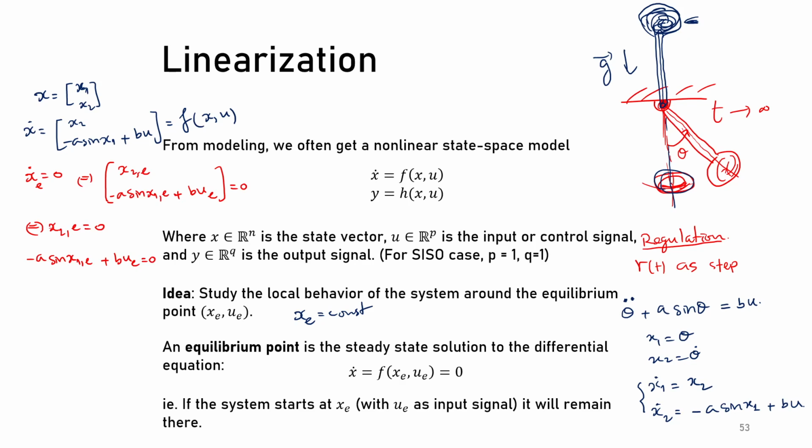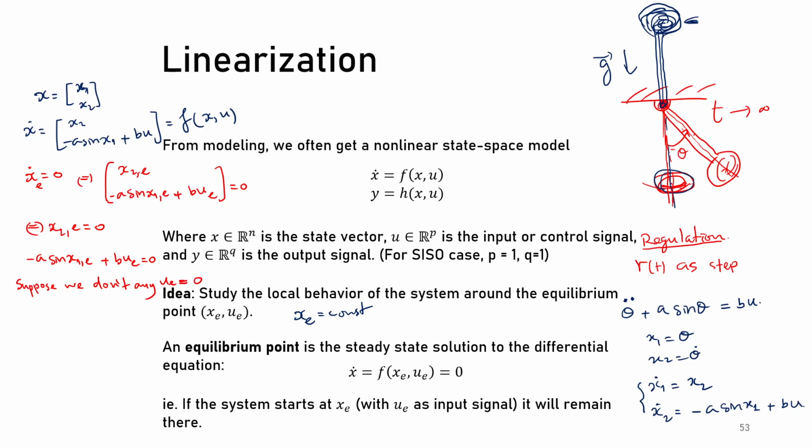Suppose we want equilibrium to be at angle 0, I mean at x1 equal to 0. Suppose we don't inject any u, which means ue equal to 0.